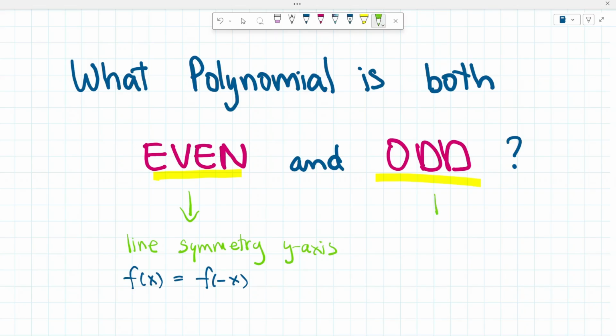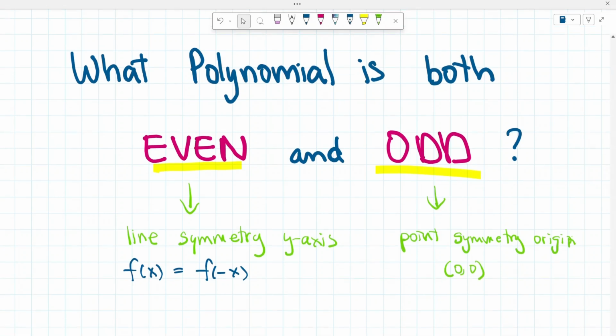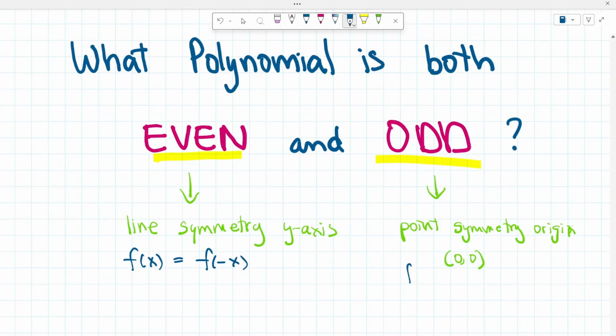What about odd functions? Odd functions have point symmetry about the origin. The origin is also known as the (0, 0) coordinate. And if we want to look at this algebraically, that is f of x equals negative f of negative x.